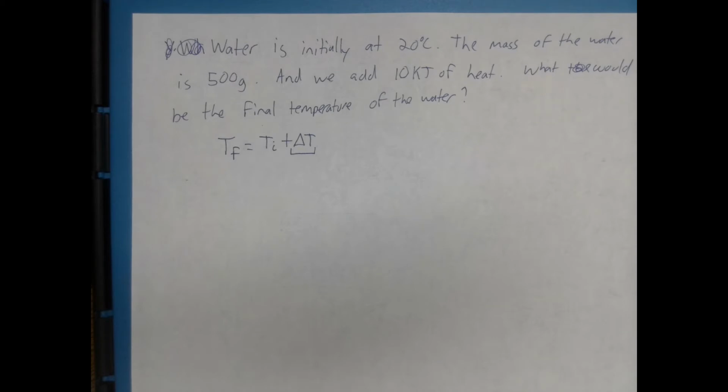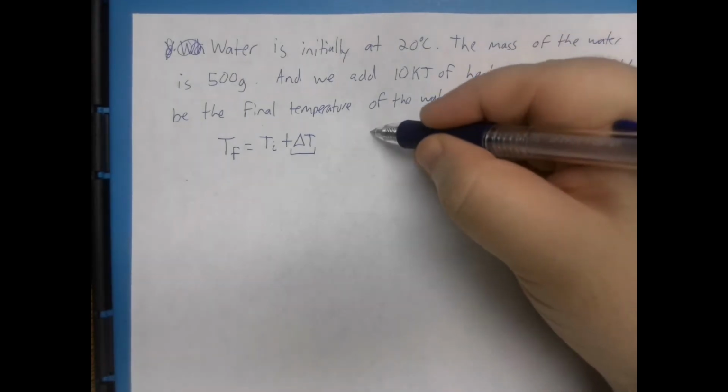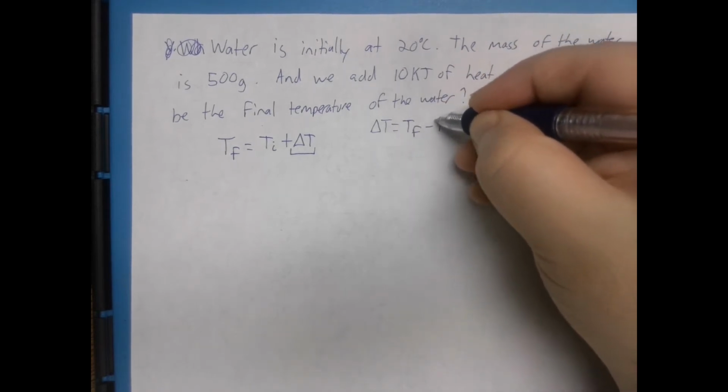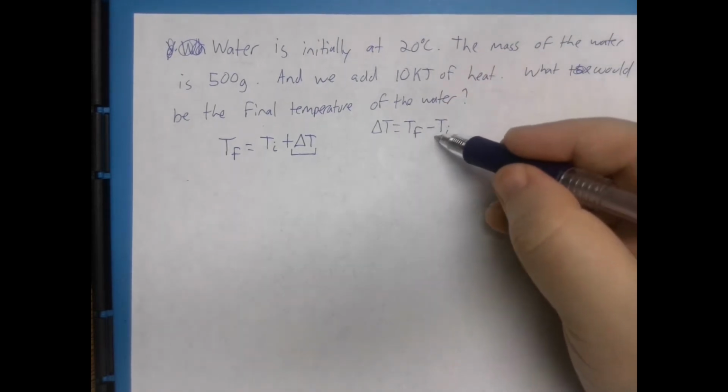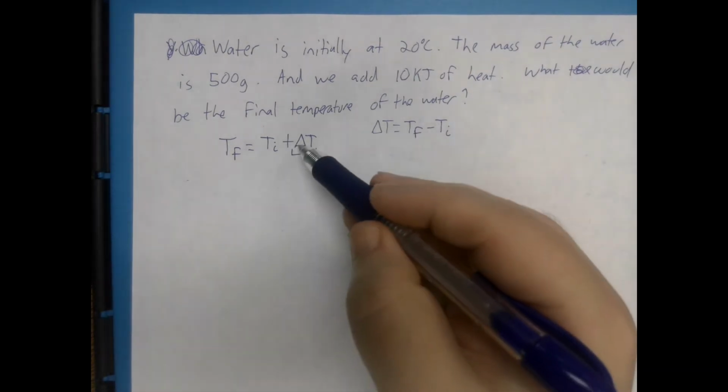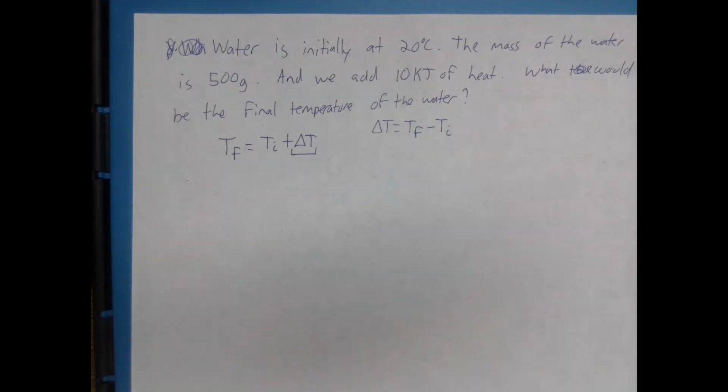Final temperature is equal to initial temperature plus change in temperature. So the definition of change in temperature is TF minus TI. And all we did was add this to this to get the equation. So what you need to do is solve for delta T first and add it to your initial temperature to get final.